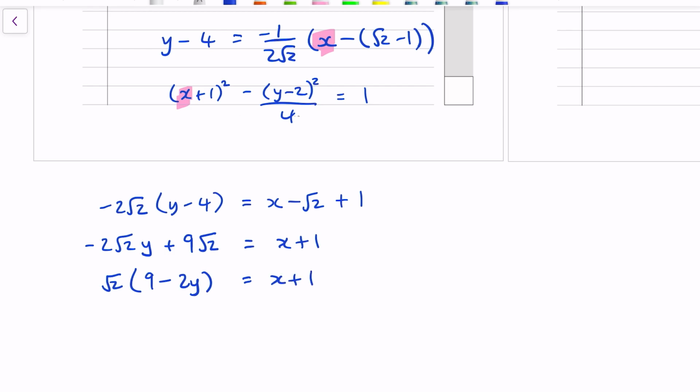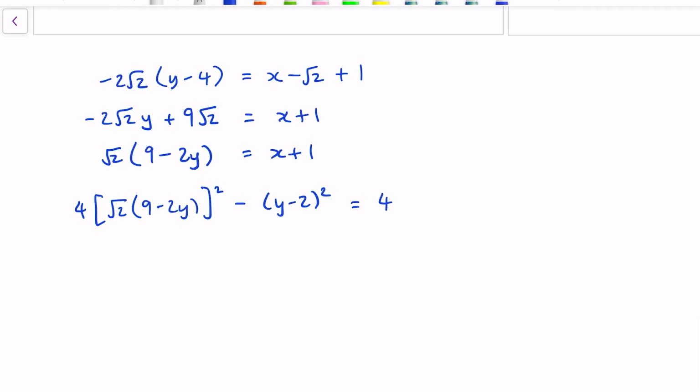And then I go back to my hyperbola equation with x plus 1 and substitute this expression in. Root 2 times (9 minus 2y) all squared, minus (y minus 2) all squared. I'm going to times everything through by 4. Put a 4 there and put a 4 there.